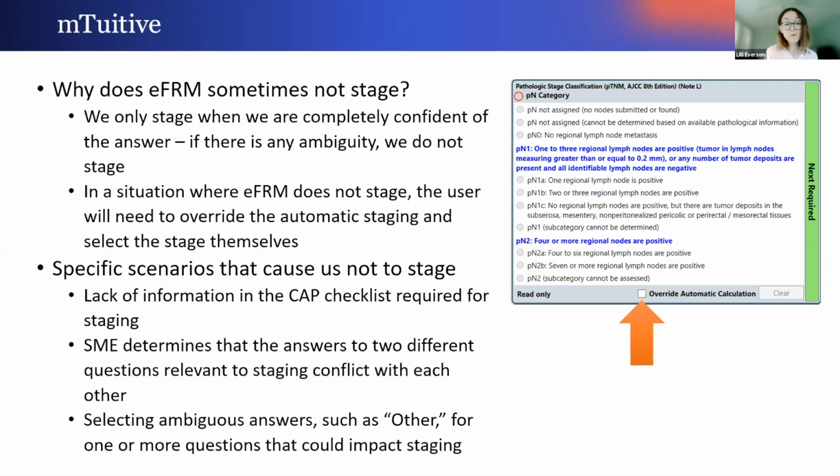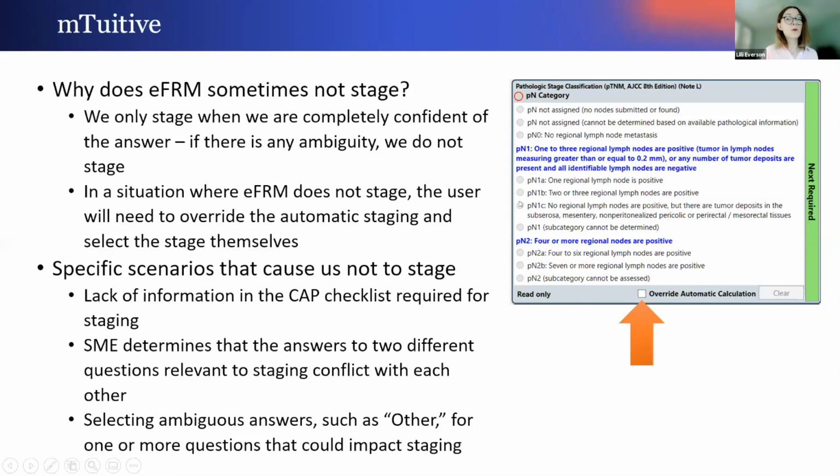So in a situation where eForm does not stage, the user will need to override the automatic staging and select the stage themselves, which you can always do even if eForm does calculate a stage. But if it doesn't, then in order to answer the question, you will absolutely need to see where I have this orange arrow, click on the override automatic calculation box, and select the appropriate stage.